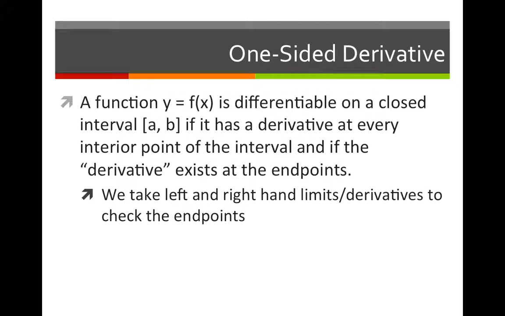What we can do is take right and left-handed derivatives, or sorry, limits, to check the endpoints to show that it is differentiable on a closed interval. Normally we do these things on open intervals, which means we can find the derivative everywhere. But what this is really going to help us do is find whether or not there's a derivative at interesting points.